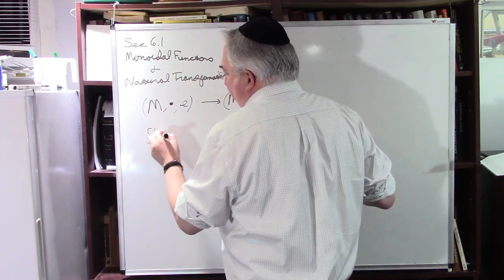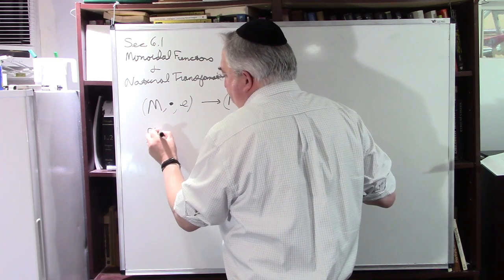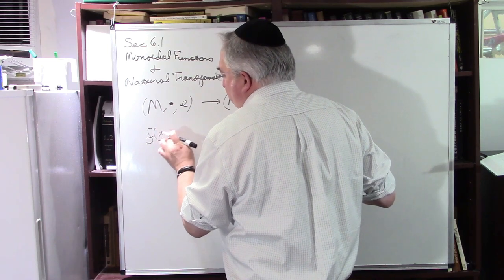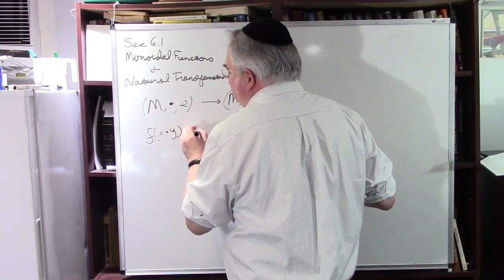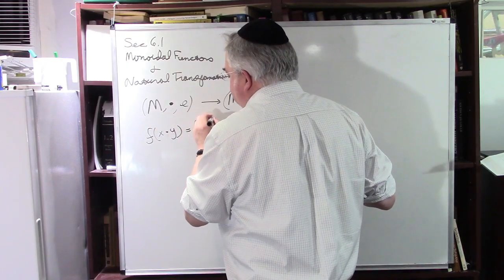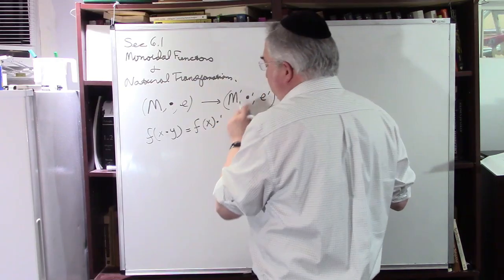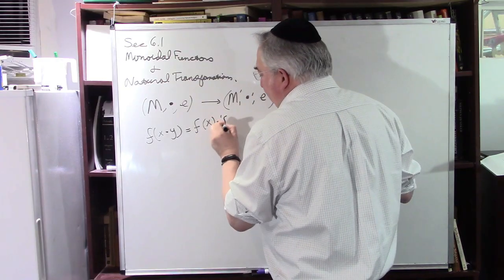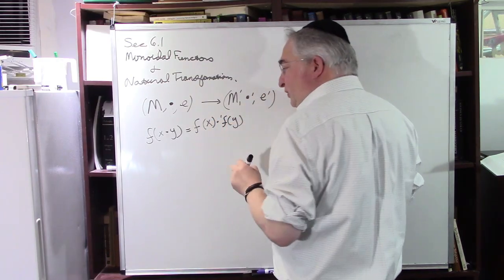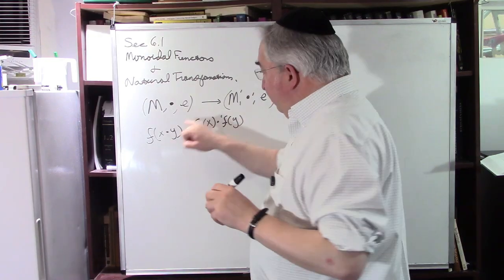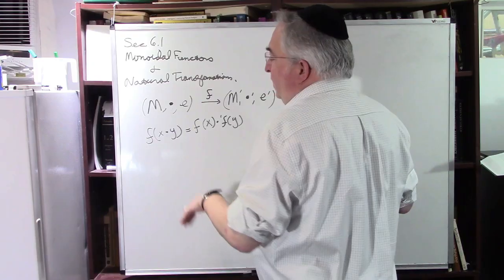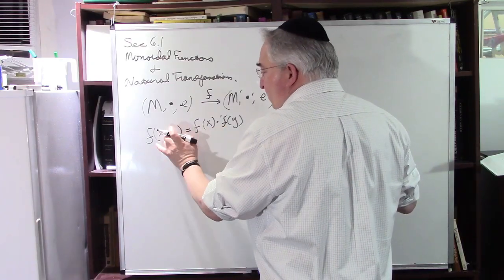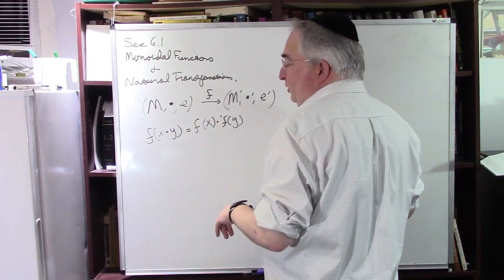F of x dot y, that's in here, should equal f of x dot f of y, that's in here. In other words, the monoid homomorphism should respect the multiplication.